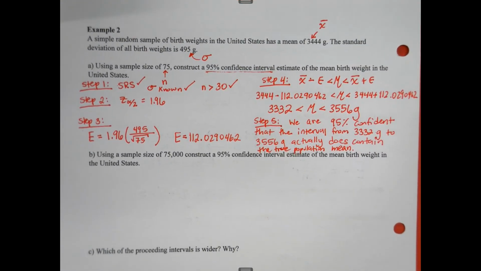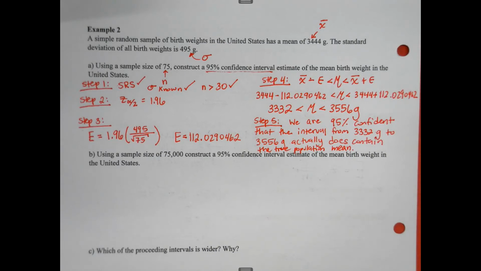Part B says using a sample size of 75,000, construct a confidence interval estimate of the mean birth weight in the United States. If we think about this, when we did our investigation in class, we saw that as our sample size went up, our margin of error went down.